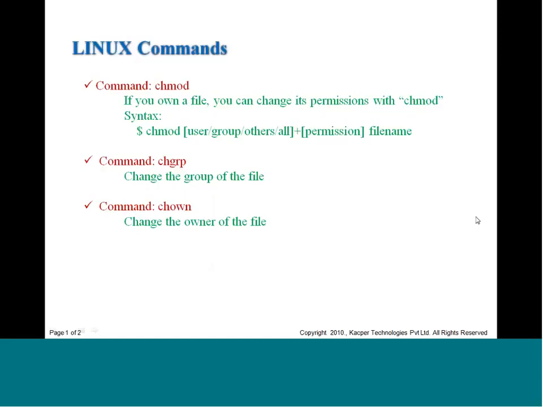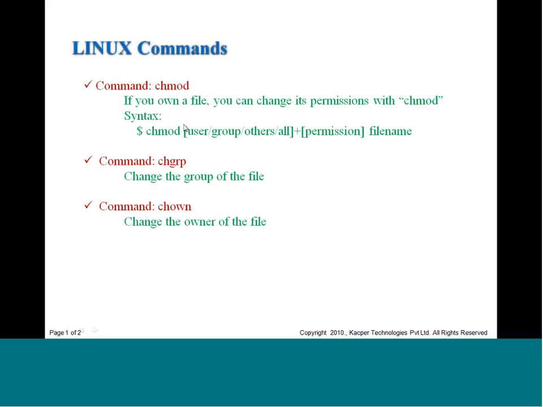So let's look at how we can control the access when we have others accessing these files. The command called change mode allows users to change the permissions for a given user.